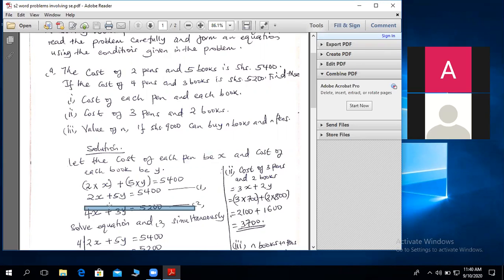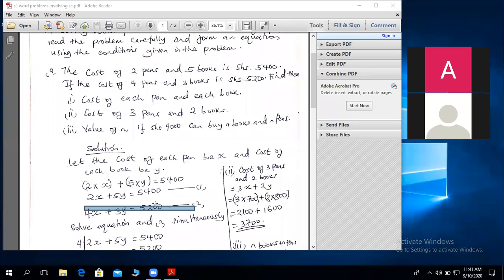So I have 2 equations. This is my first equation for 2 pens and 5 books, but I don't know the cost of the pen and books. That's why I said let the cost of pen be X and the cost of books be Y. So that means 2 times the cost, which is X, 2X, plus 5Y, gives me 5,400. And also 4 pens times the cost of pens, which is X, 4X, plus 3 times the cost of books, which is Y, 4X plus 3Y.